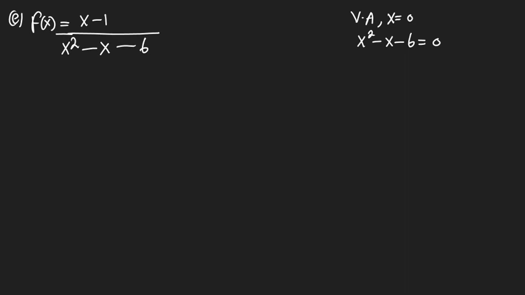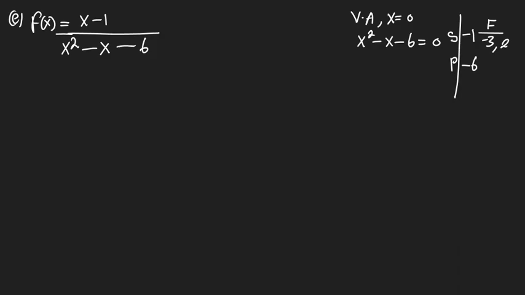Then from there, you say sum, then product. What is your sum? Your sum is -1. Your product is 1 multiplied by -6, which is -6. What are your factors? Two numbers which, if you add them, give you -1, and if you multiply them, give you -6. So it's going to be -3 and 2.